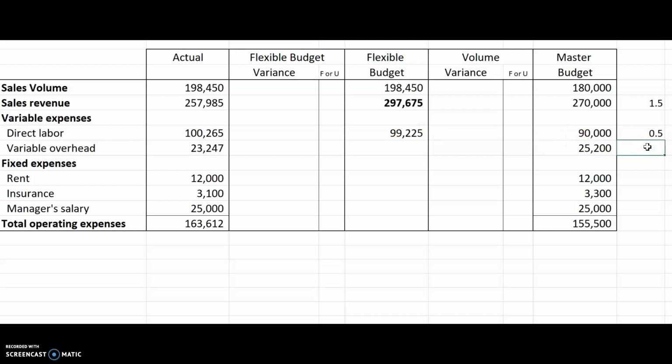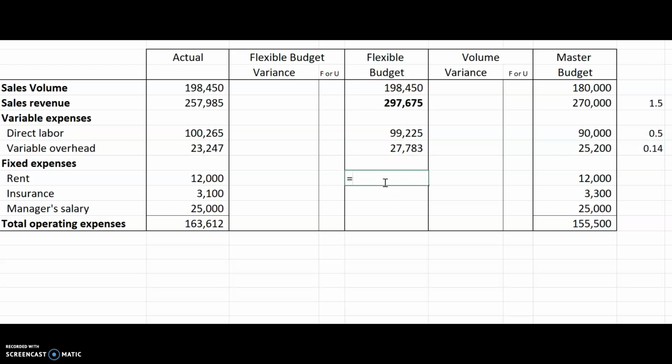For variable overhead, we incurred 25,200 to make 180,000 units. That means our variable overhead per unit, when we divide 25,200 by 180,000, is 14 cents per unit. So 14 cents times 198,450 gives us the flexible budget variable overhead.